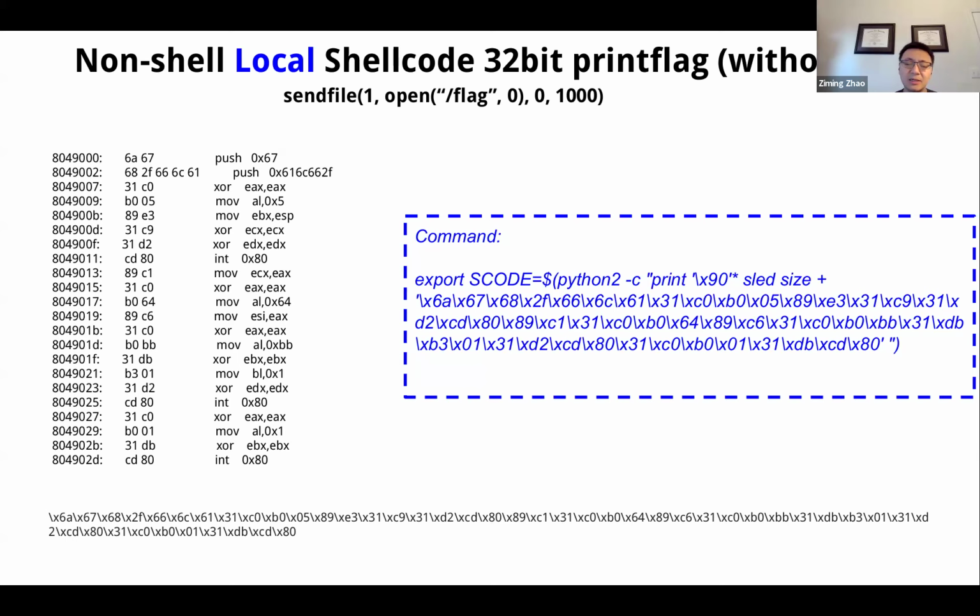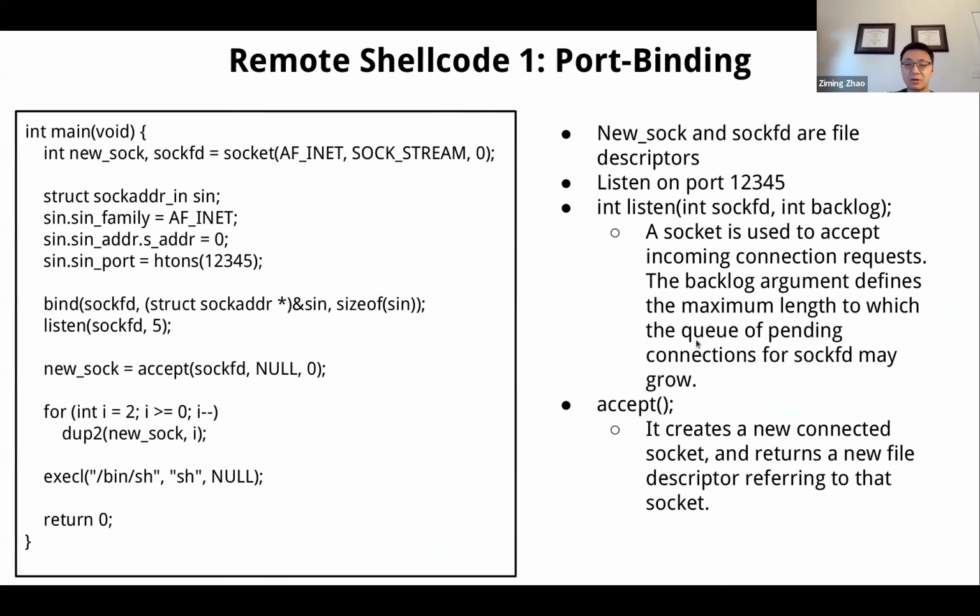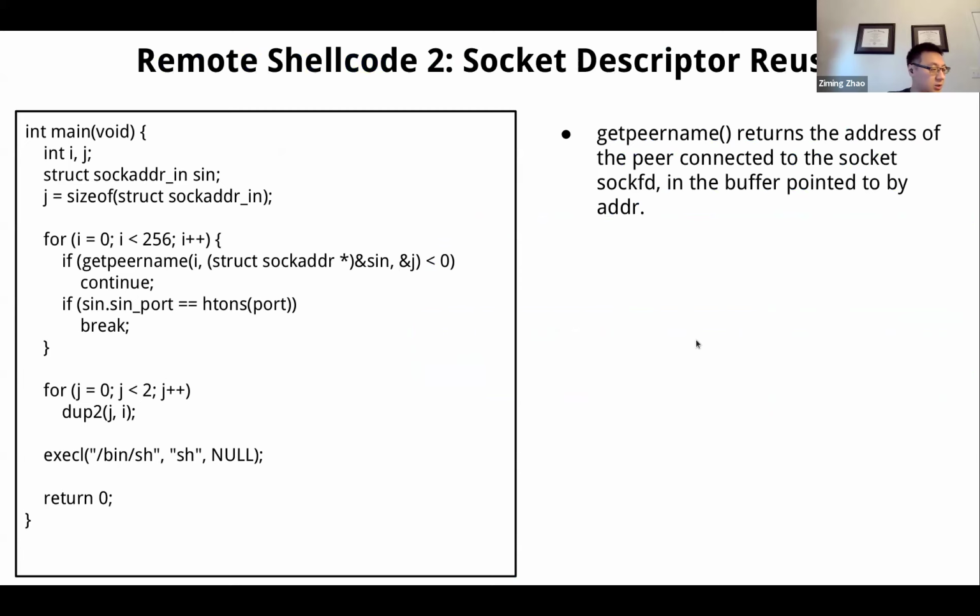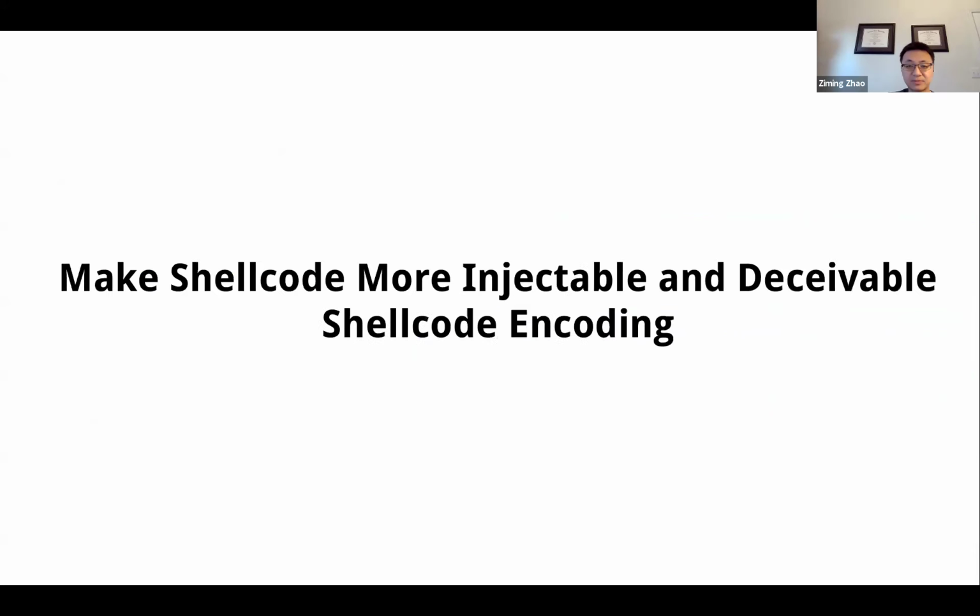Those will make the shellcode read like two pieces of independent strings, making the shellcode not usable. That's why sometimes we need to change our instructions so they will not have those sensitive bytes, to make our shellcode more injectable.